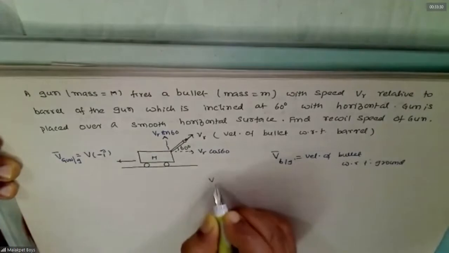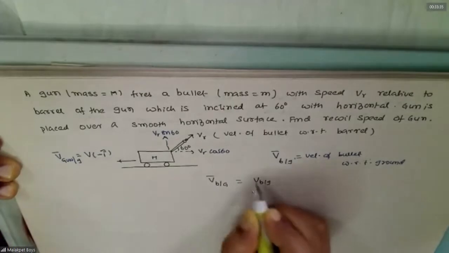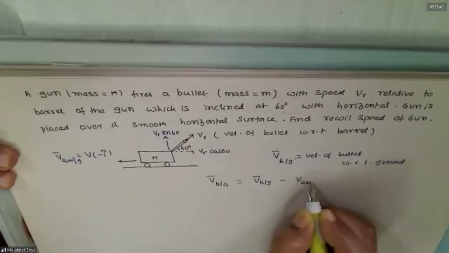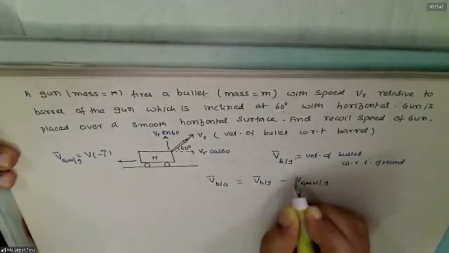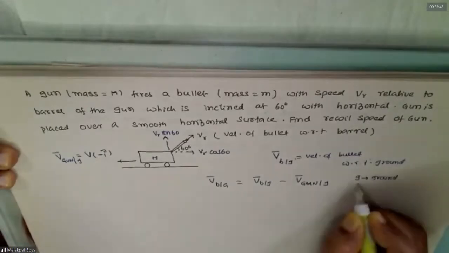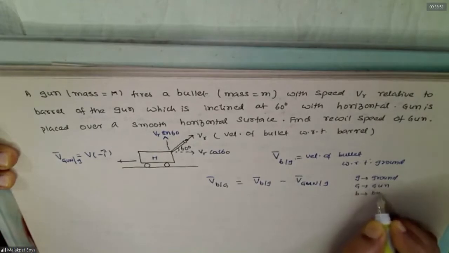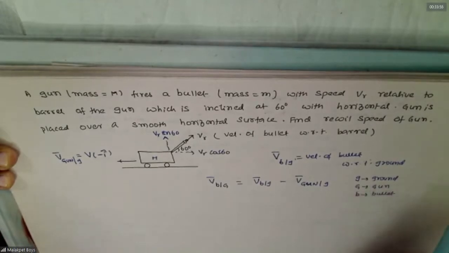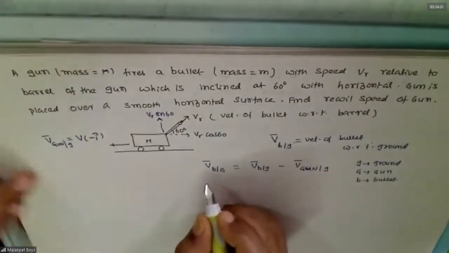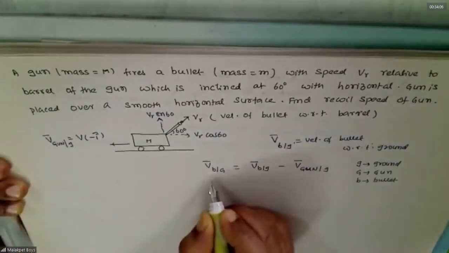Now you know that velocity of bullet with respect to gun is velocity of bullet with respect to ground minus velocity of gun with respect to ground. See here, small g means ground, capital G means gun, B is bullet. Okay, follow this. This is given: bullet with respect to gun.